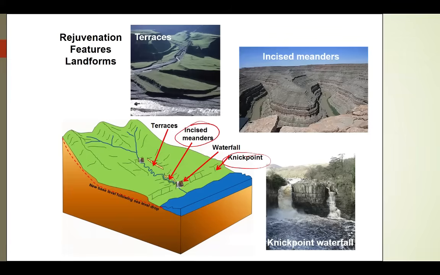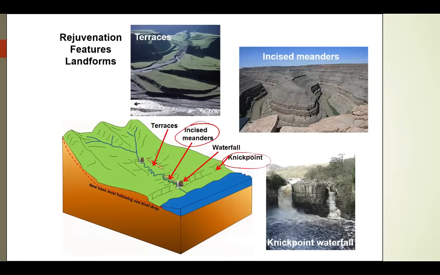The meanders are going to become deeper. Once the meanders become deeper, we say they are in a trench, or they are incised or entrenched. A trench is a hole. So this is a meander in a hole. So the evidence of river rejuvenation is an incised meander or entrenched meander.